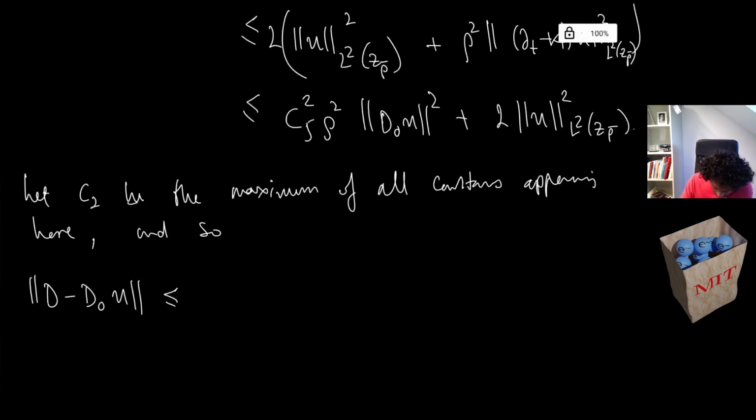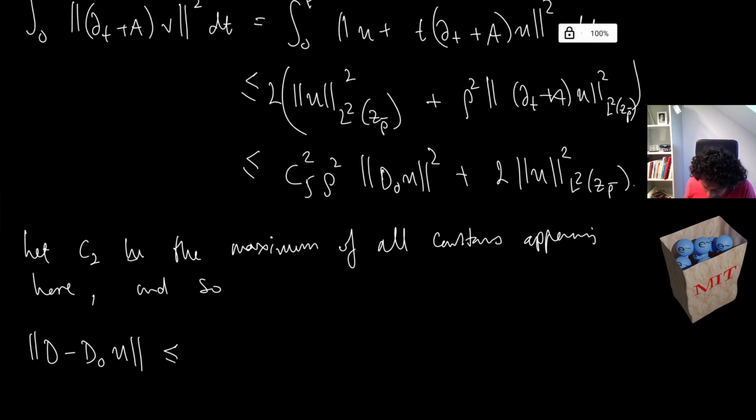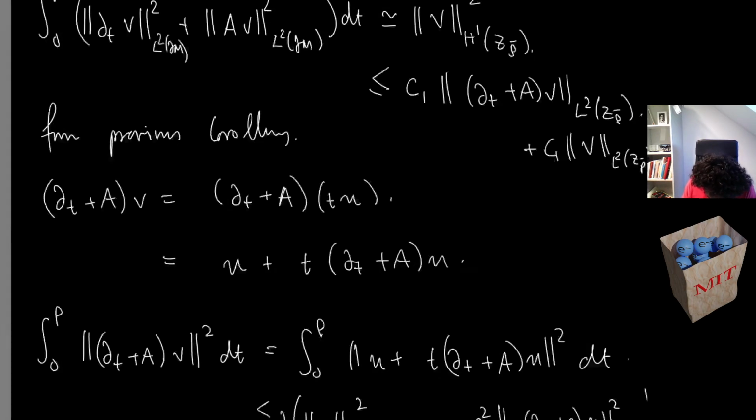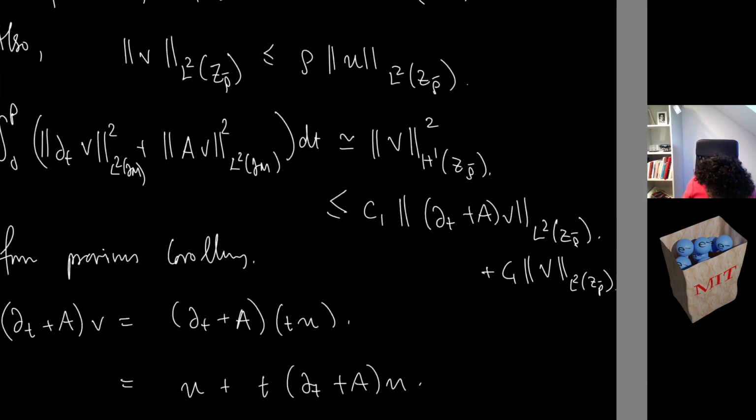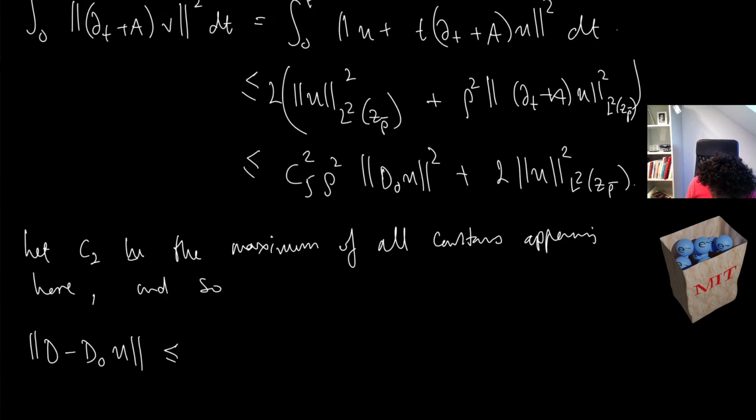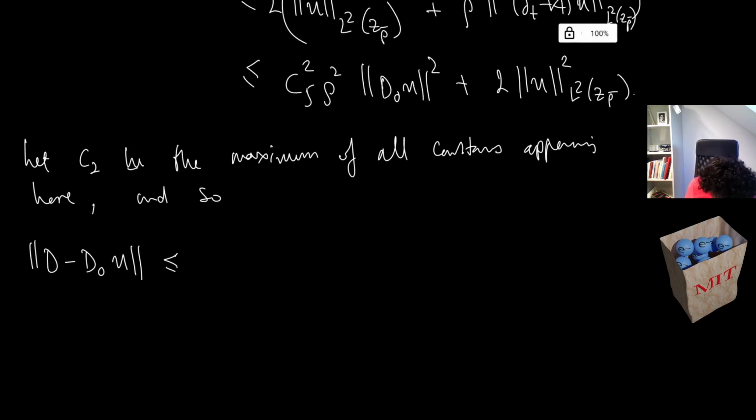So we put all of these lower order terms together, but the important thing is that in front of the d naught term, we get the rho squared, right? So for the C5, all that really matters is, yeah, we have to collate the right constants.